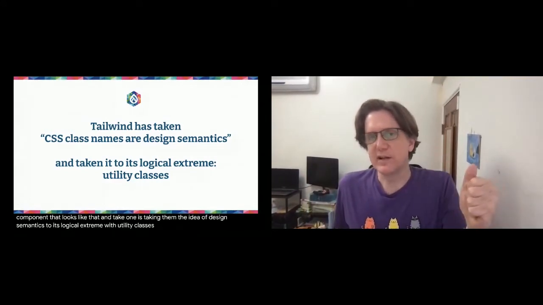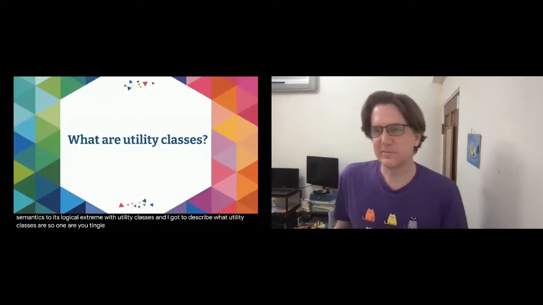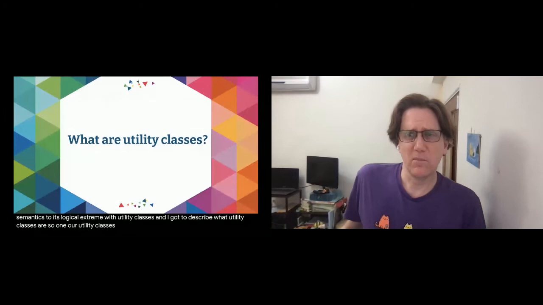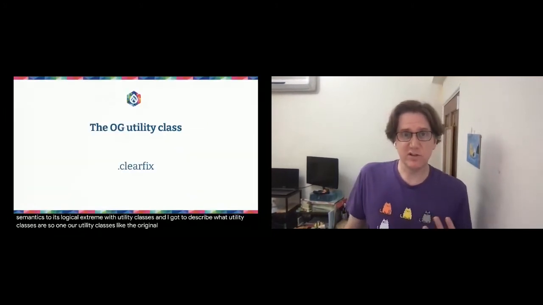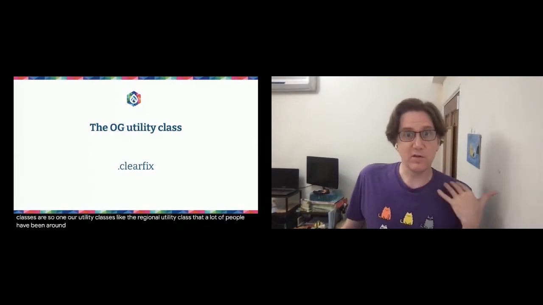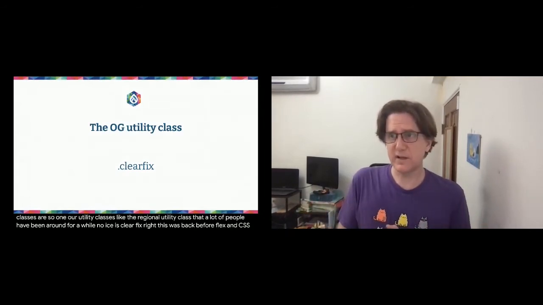I have to describe what utility classes are. So what are utility classes? The original utility class that a lot of people who've been around for a while know is ClearFix, right? This was back before Flex and CSS grids.